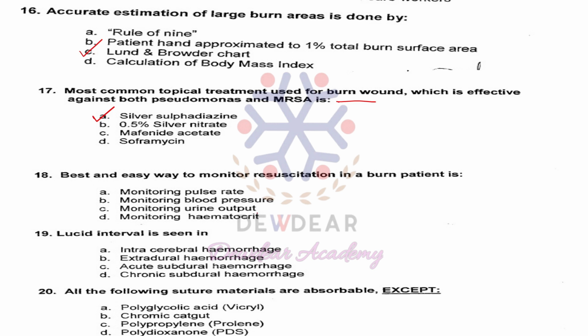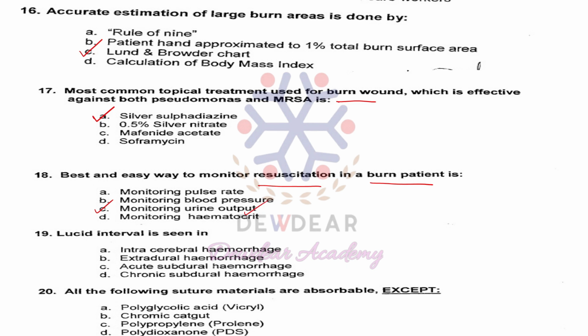So option C is the correct answer. That is also an important question. In order to assess how much resuscitation is required for the burns patient, that is mainly based on assessing the urine output of the patient.